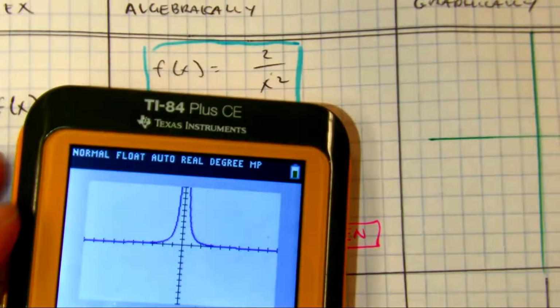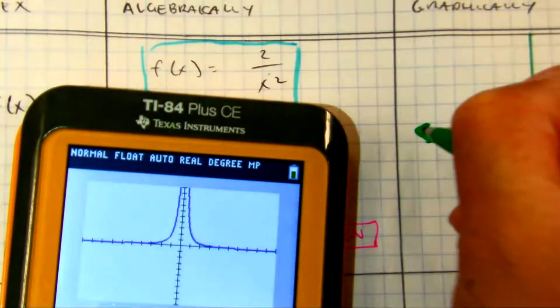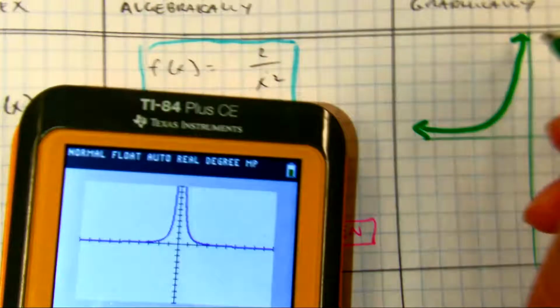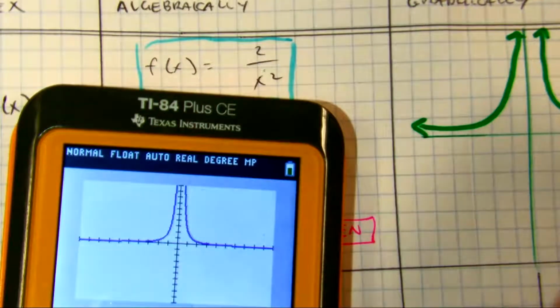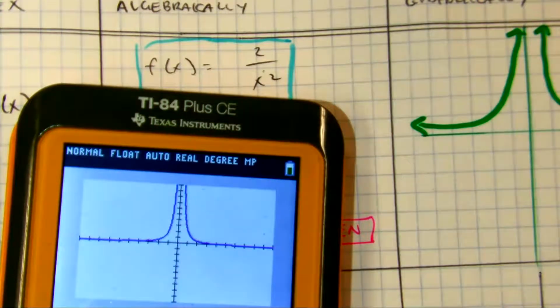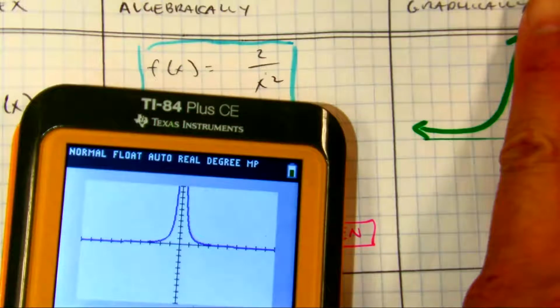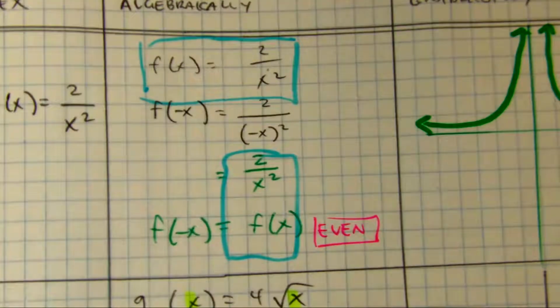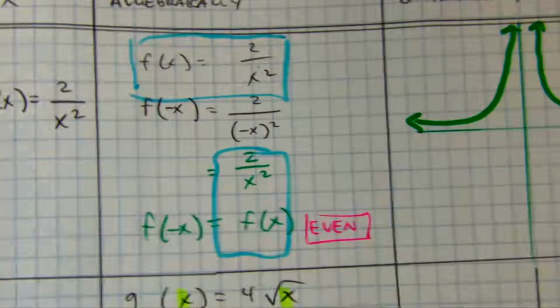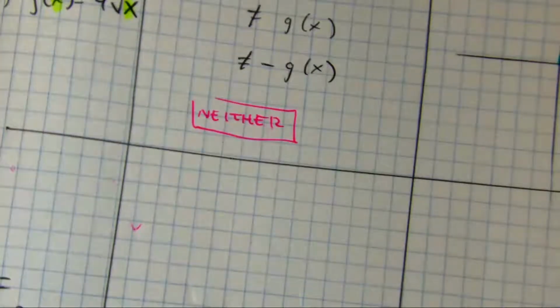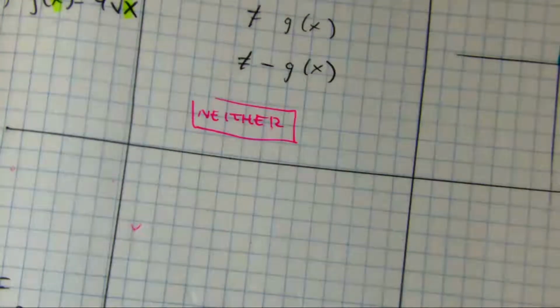So my graph looks something like this. And you can fold it over the y-axis. Okay? Even, neither. Let's try the last one. Diane, tell me what to write.